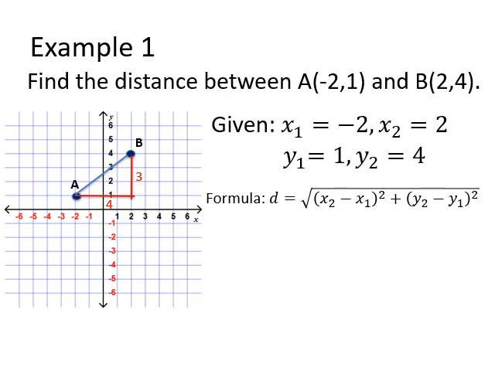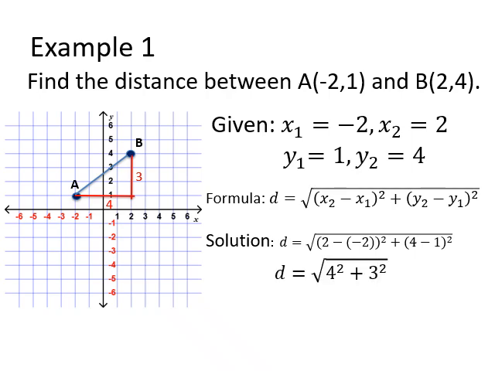So, let's look at the formula. D equals the square root of (2 minus negative 2) squared plus (4 minus 1) squared. So, 2 minus negative 2 is 4, squared, plus 4 minus 1 is 3. So, D equals the square root of 4 squared plus 3 squared. 4 squared is 16 and 3 squared is 9.